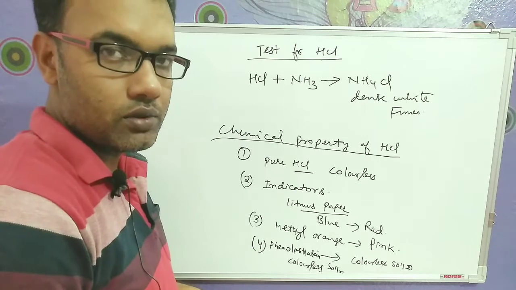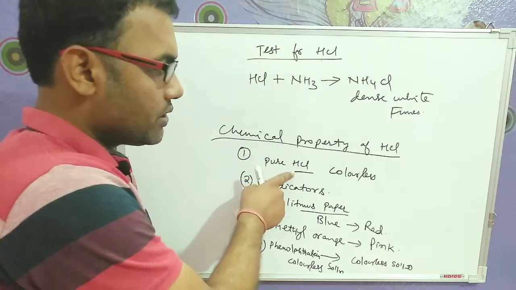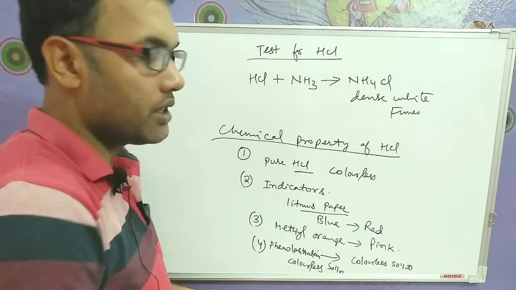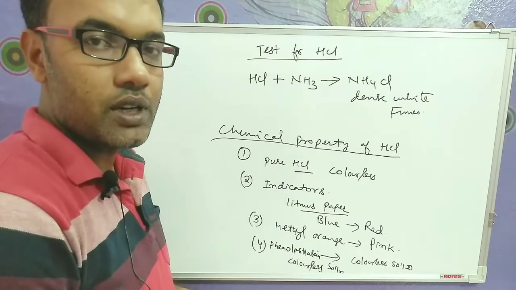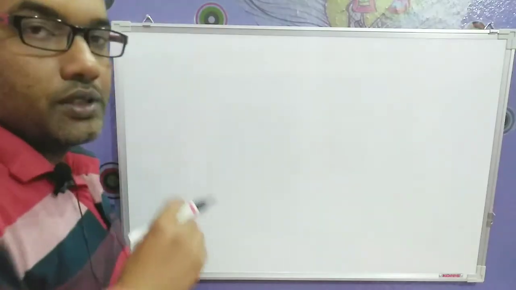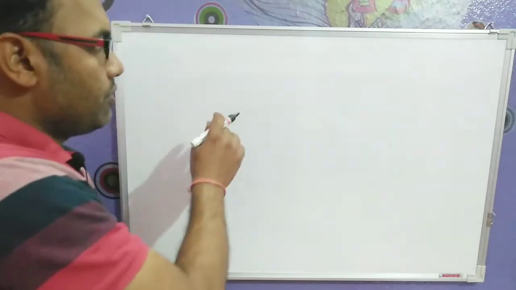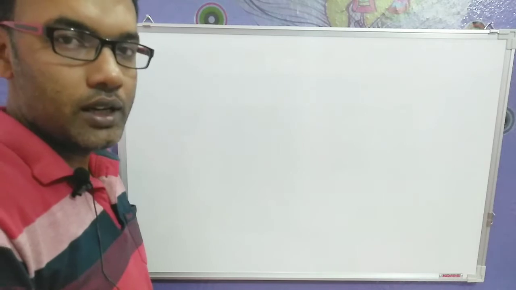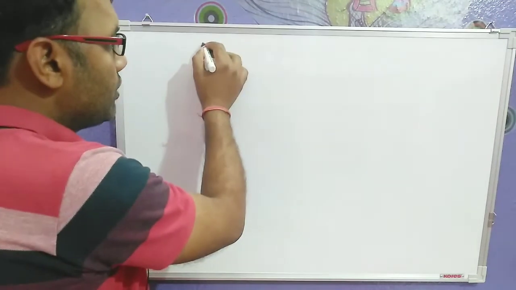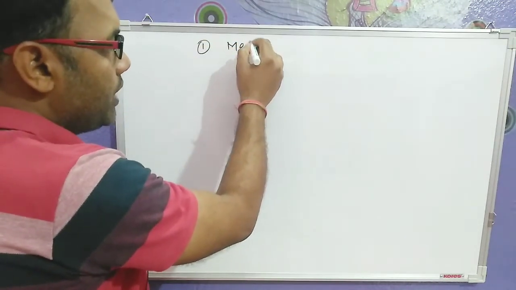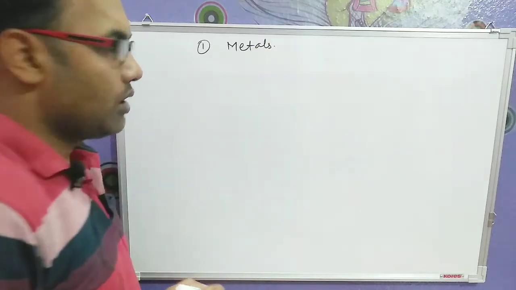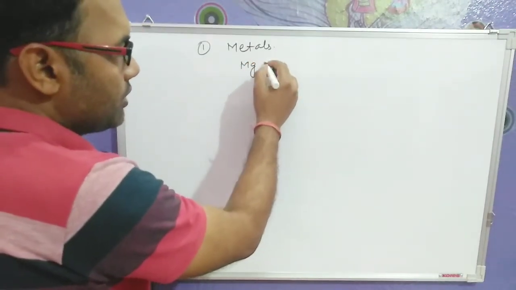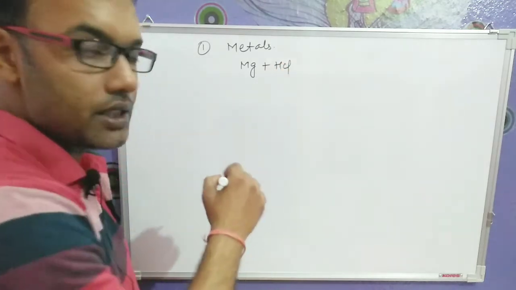Our next topic will be how HCl reacts with different compounds. One by one we'll be understanding their properties as well as their reactions. We'll see the reactions individually, how HCl reacts with a particular compound or with a particular element. Our first reaction will be with metals. How does HCl react with metal? For example, magnesium is made to react with HCl.